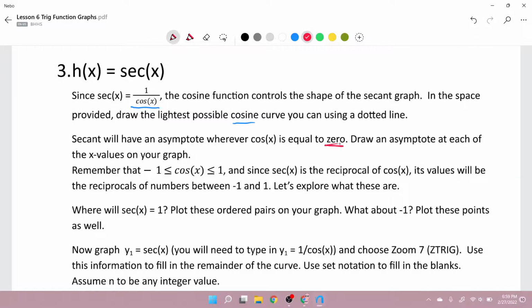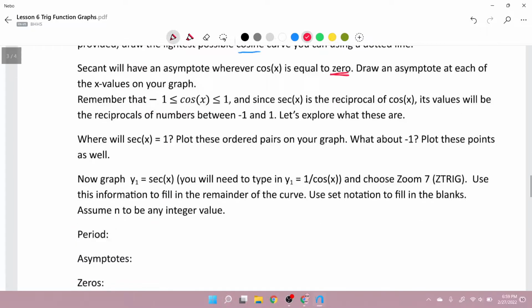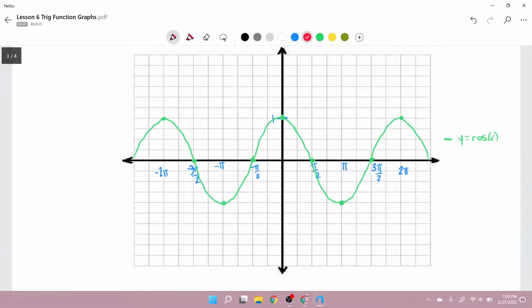If we look at where cosine is 0, that's at pi halves, at 3 pi halves. You can see this is my 0 for cosine, right here. So we'll have asymptotes at those values, negative pi halves and negative 3 pi halves.